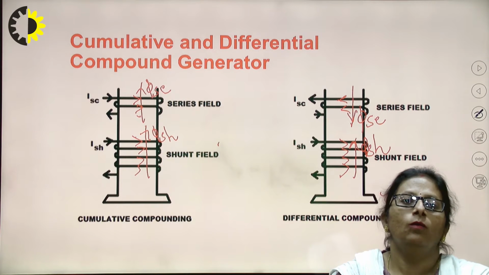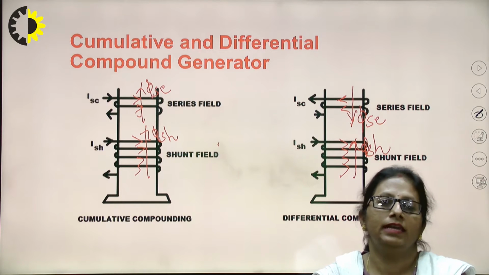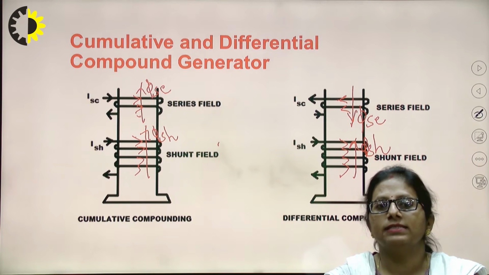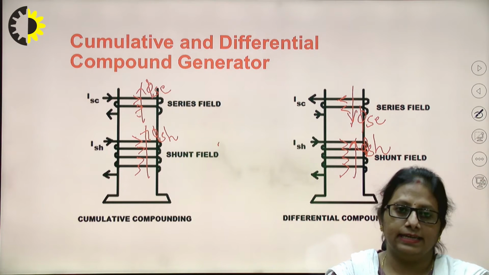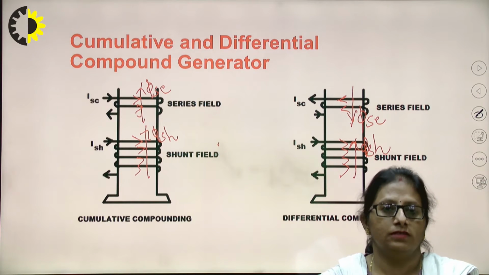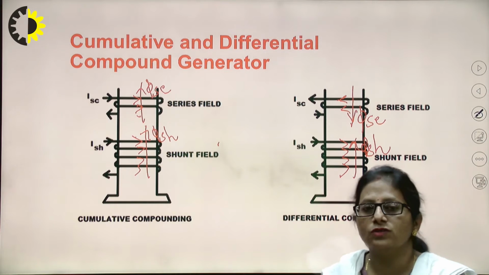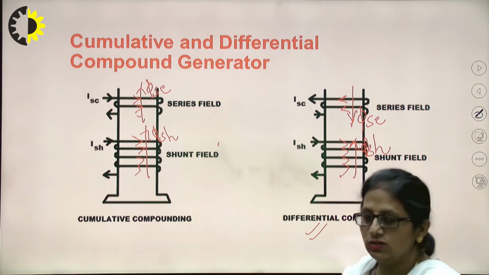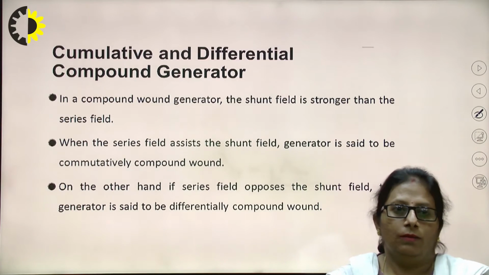Both of them will not be supporting each other. The flux would always be decreasing. Even if the excitation is increased, the flux will not increase because every time you get the difference of the two fluxes. That's why it is called a differential compound generator.